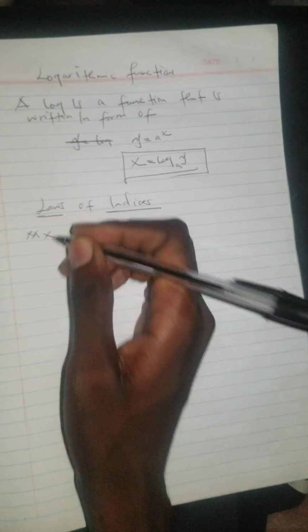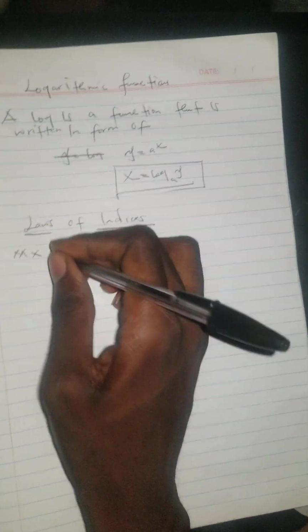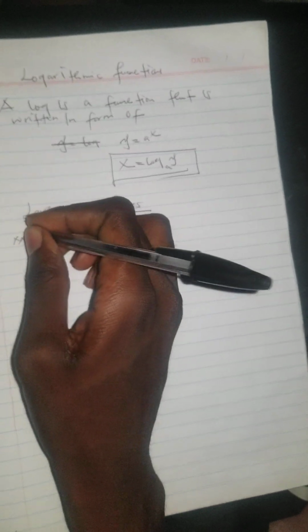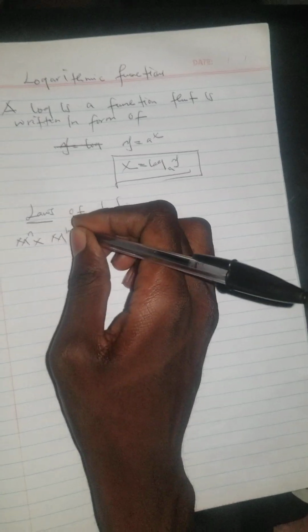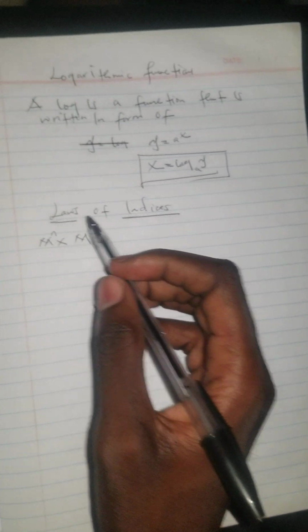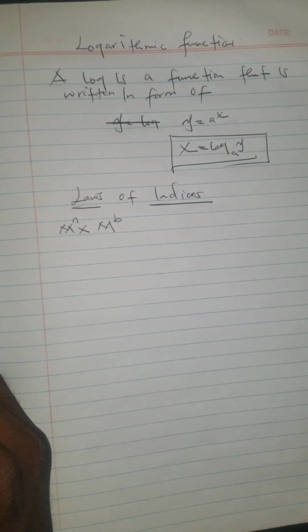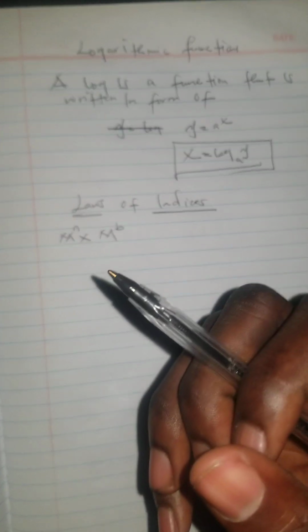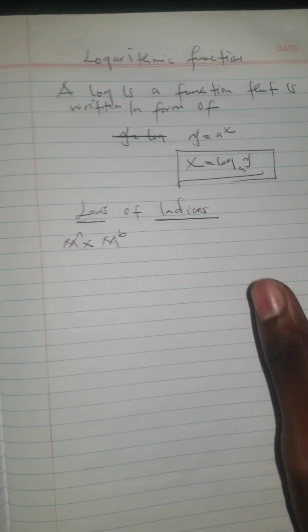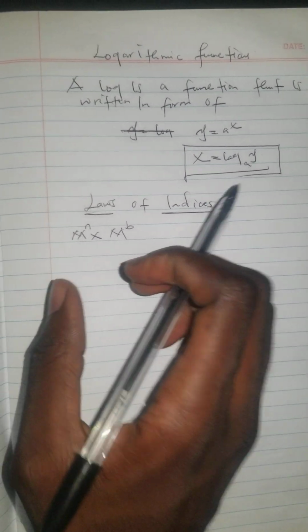When you have m to the power n times m to the power b, under the laws of indices, when it is multiplication and the bases are the same, you add the powers.